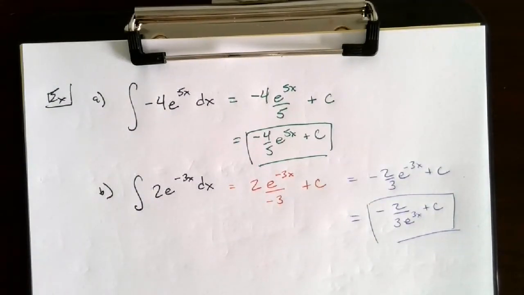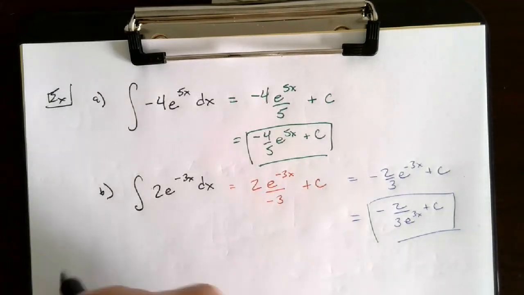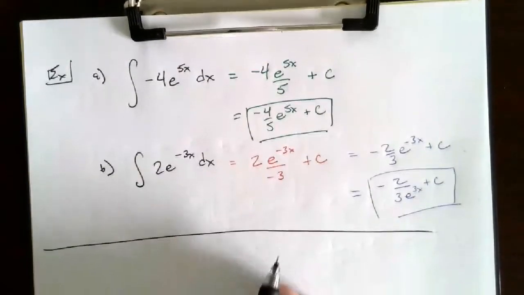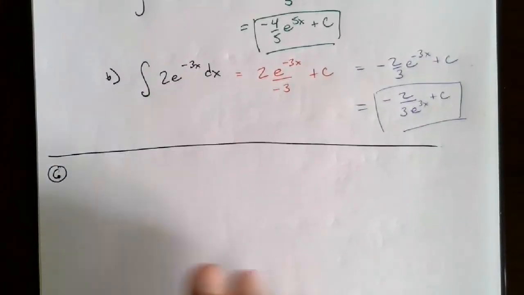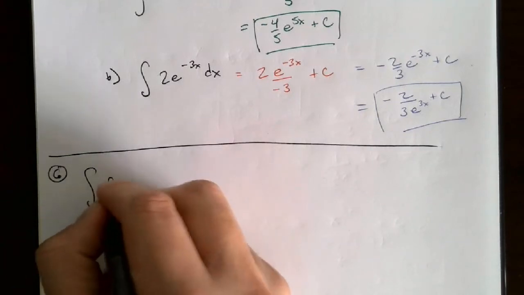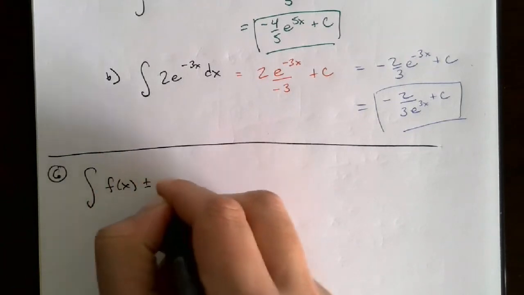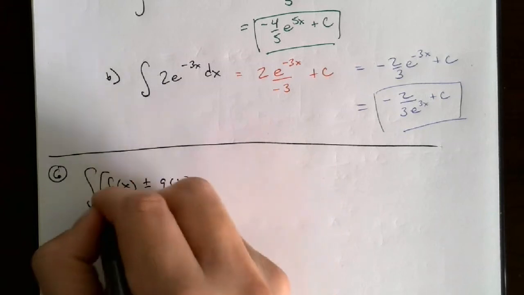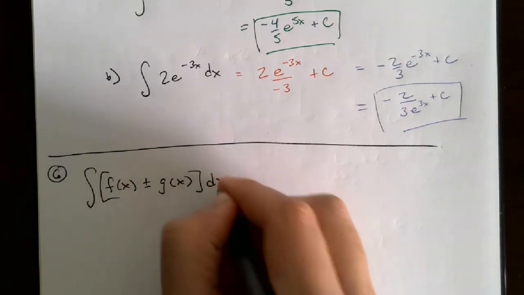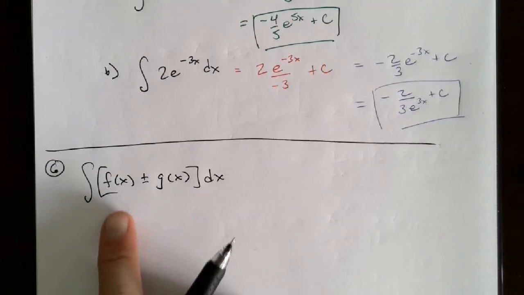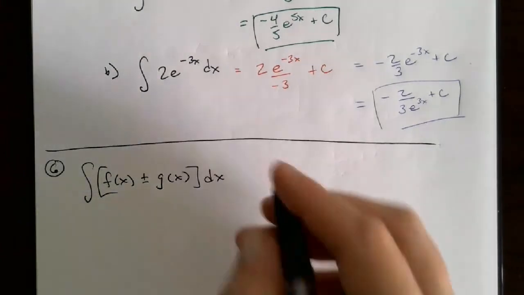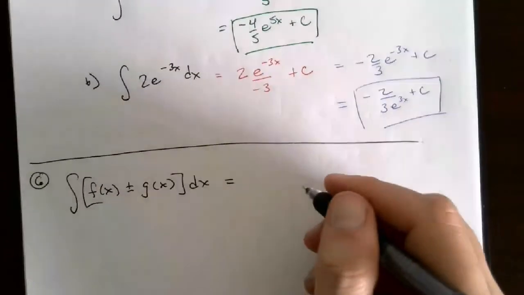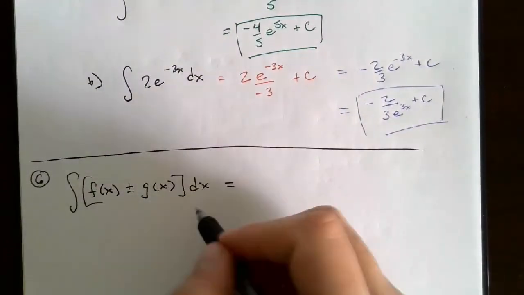Let's do some examples where we got one more rule, and then we'll do some examples. This rule really just builds off of things we've already talked about, though. Really what this says is that if you have the integral of f of x plus or minus g of x dx, so with respect to x, of something that's being added or subtracted, what it tells you that you can do, just like with derivatives, is take antiderivatives term by term.